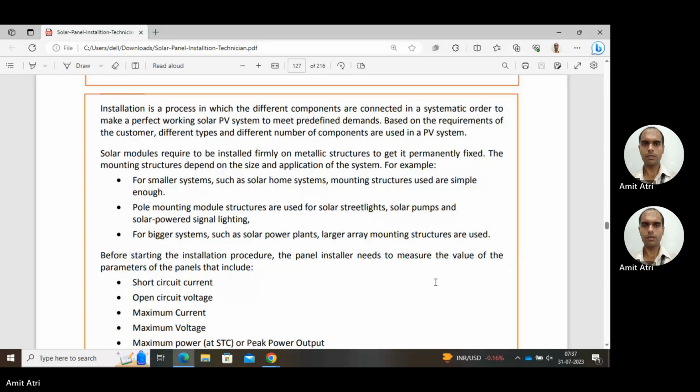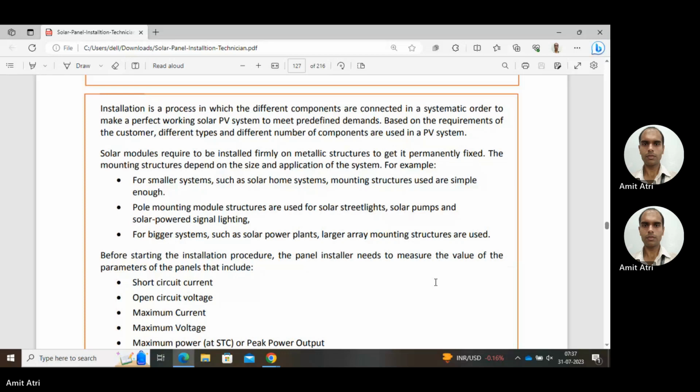So solar modules need to be installed firmly on metallic structures to get them permanently fixed. This is the most important concept in the installation. The structure where we are fixing the solar panels has to operate for a long life of approximately 25 years.